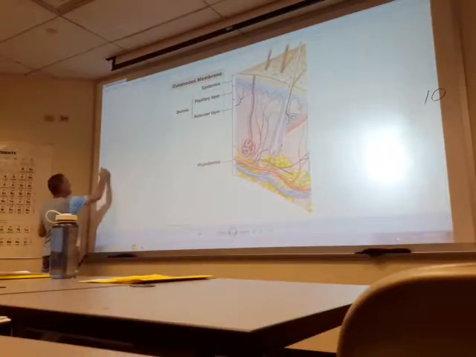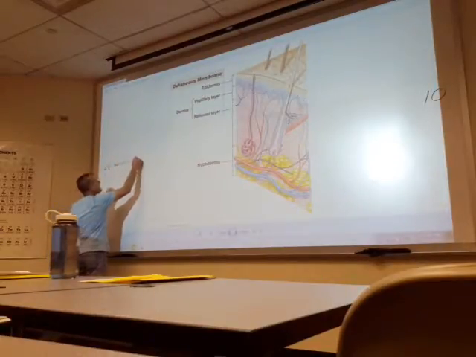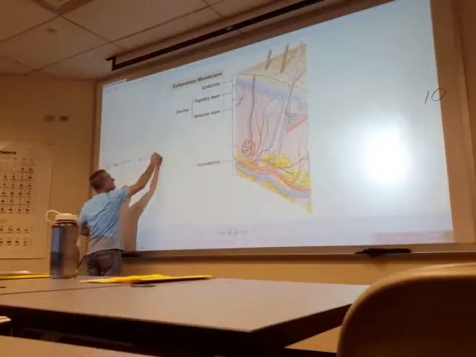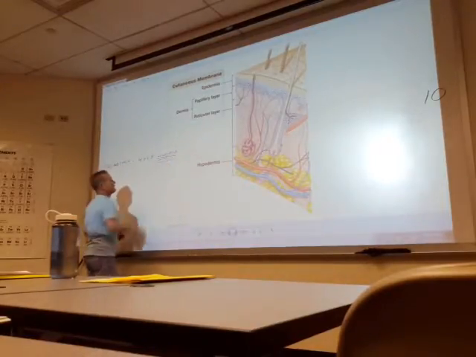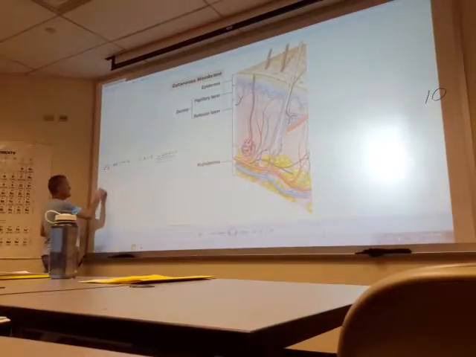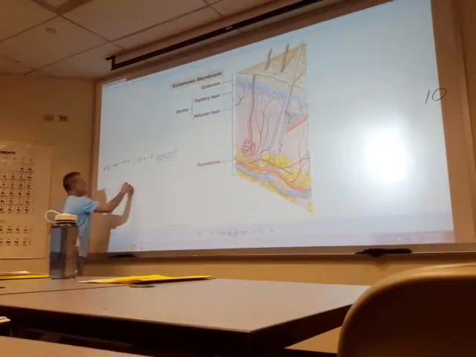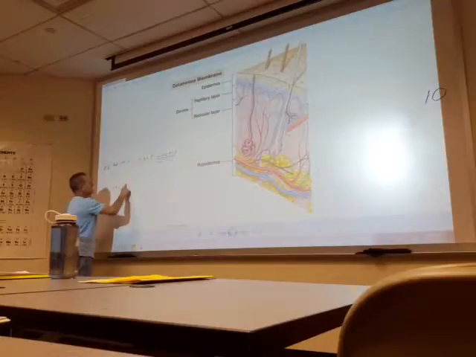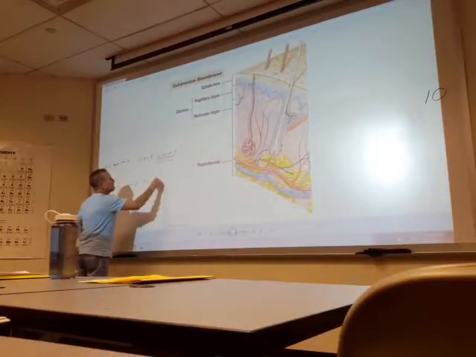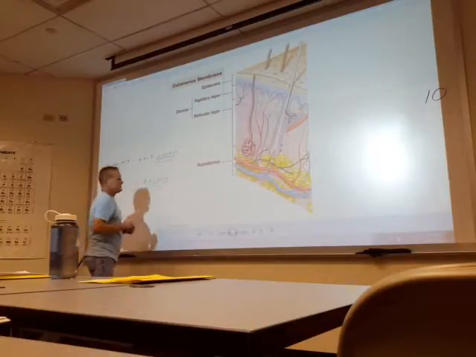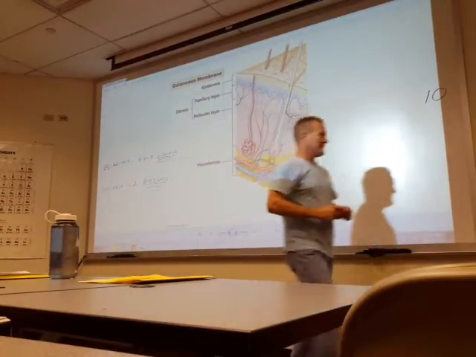So the epidermis has 4 or 5 layers. The dermis has 2 regions.